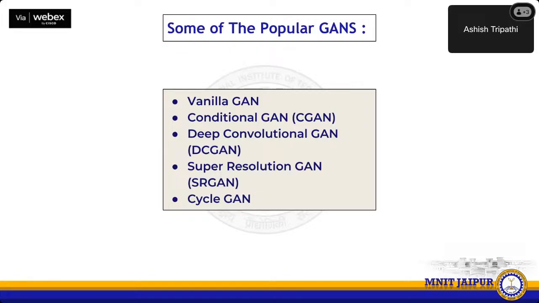If I talk about some of the popular networks, we have vanilla GAN. This is the GAN that we have discussed, given by Goodfellow. This is the basic network which uses multi-layer perceptron, along with conditional GAN, deep convolutional GAN, super resolution GAN, and CycleGAN. Nowadays, no doubt, we have more than thousands of GANs because of the no free lunch theorem.